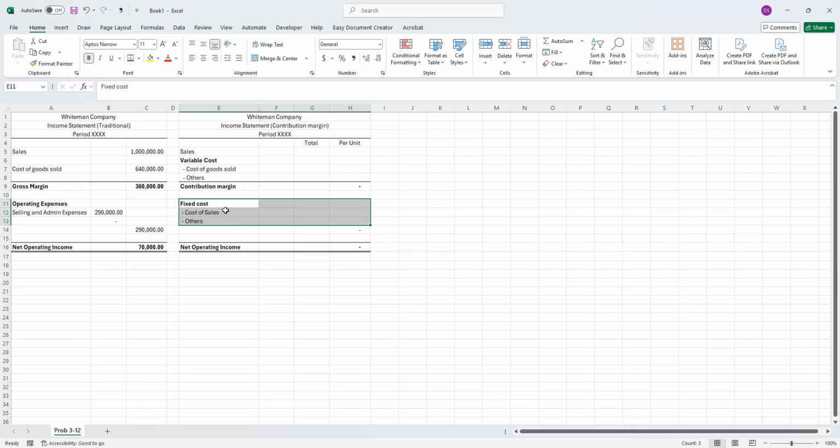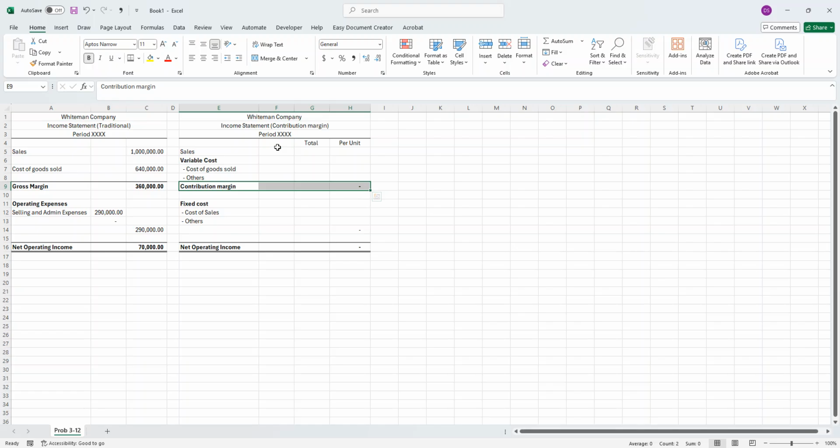After you cover your fixed costs, anything remaining becomes your operating income or your profit that will be distributed to the owner. With this kind of financial statement, by looking at the contribution margin, you will see how much each product, on a per unit basis, is contributing to the company.